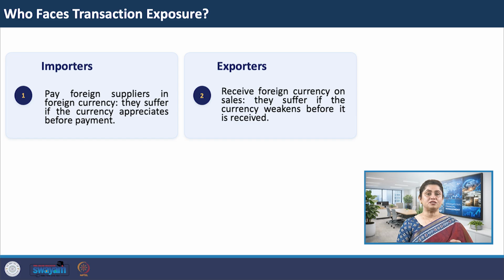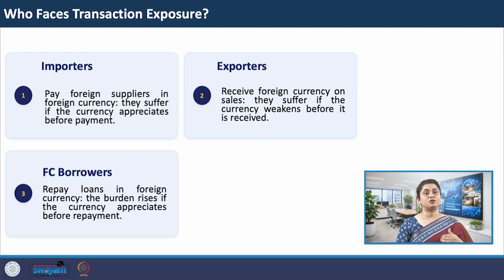Second, exporters sell goods abroad and receive payments in foreign currency. If the foreign currency weakens before the payment is received, the exporter suffers. Third, borrowers of foreign currency loans may borrow in dollars, euro, or some other foreign currency. If that foreign currency appreciates before the loan repayment date, the company's repayment burden increases.